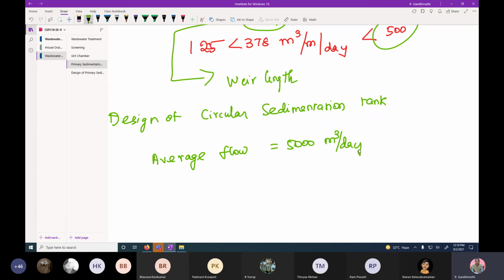Then with the peak flows as high as 12,500 metric cube per day.